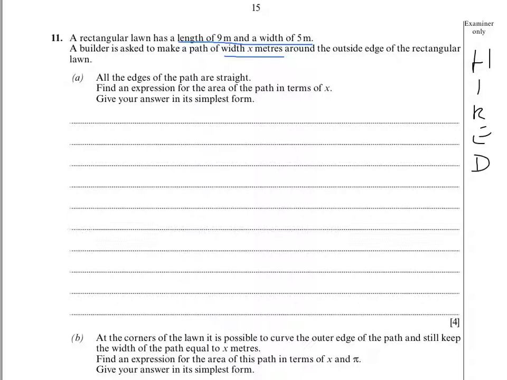So we've highlighted. Next thing we need to do is we need to illustrate. So the first thing we know is that our rectangular lawn has a length of 9 meters and a width of 5 meters. So the first thing I'm going to do is draw that with the 9 for our length, and 5 meters for our width. The next thing we know is that it's got a path of width x meters around the outside edge of the rectangle.